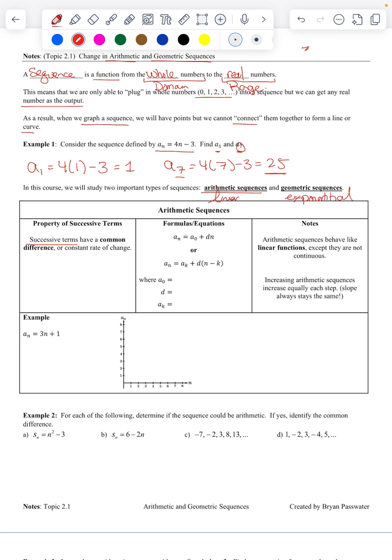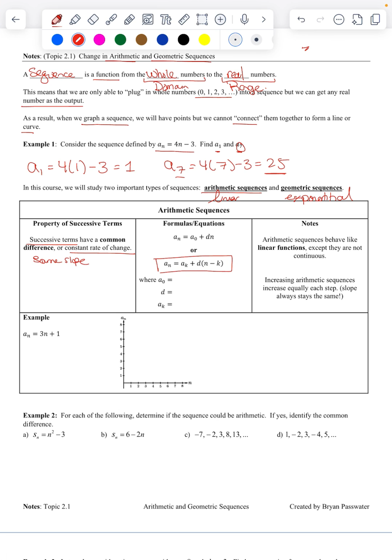So once you plug in your whole numbers 0, 1, 2, 3, the outputs have a common difference or a constant rate of change, aka the same slope, which is why it looks a little bit more linear.